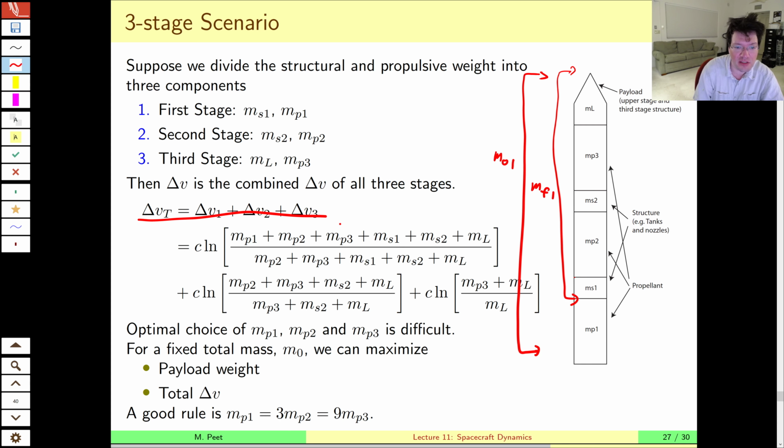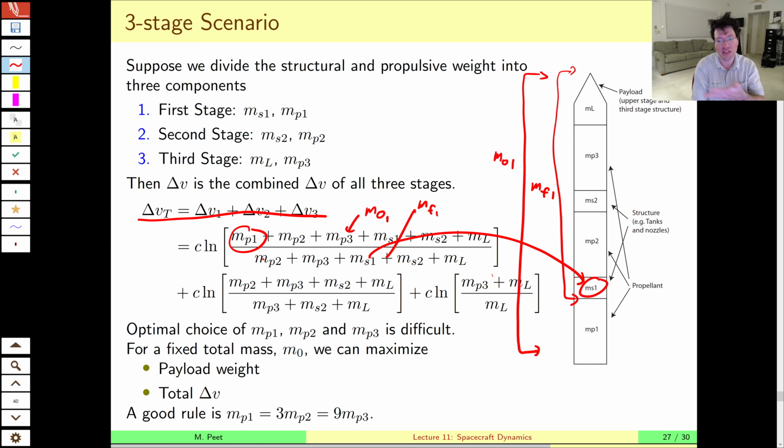Remember the rocket equation is M naught 1 divided by MF1. So the final mass is everything that the rocket lifts, including its own structural weight, and then of course all the stages that come above it. The only difference between the top and the bottom is the top is wet weight and includes the propellant for the first stage as well.